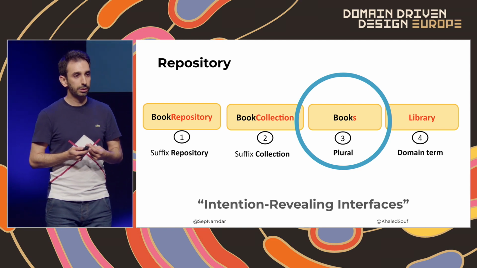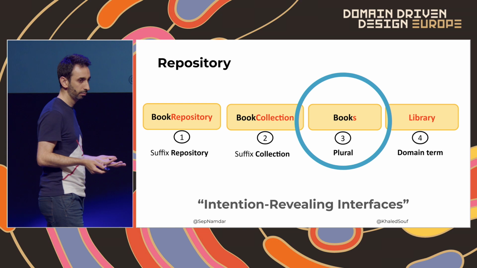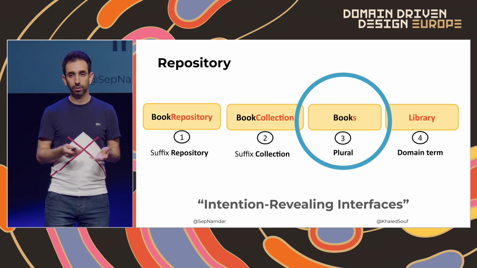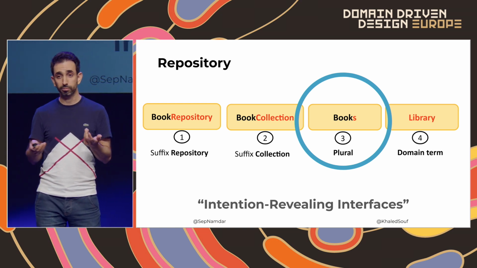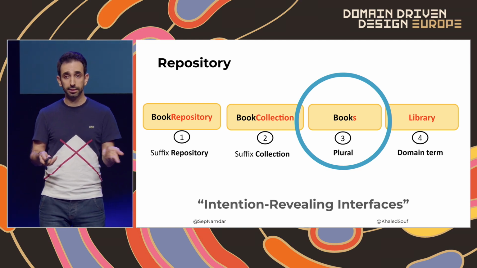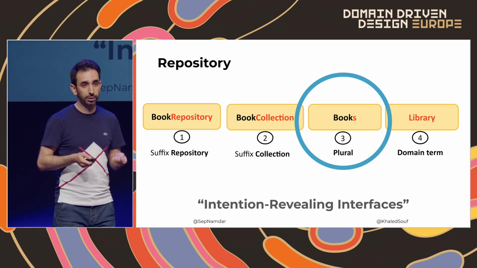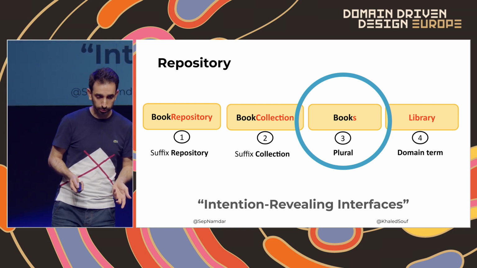Why? Because a repository is a collection of data, okay? And it refers to an aggregate, which in this example is book. And so we add an S because it's a collection of books, okay?